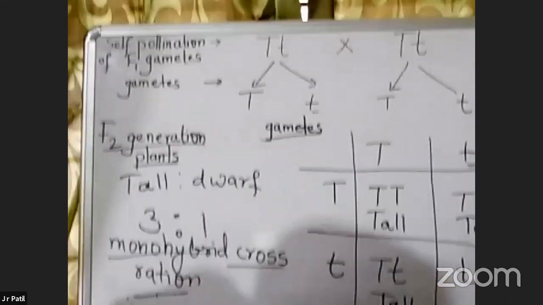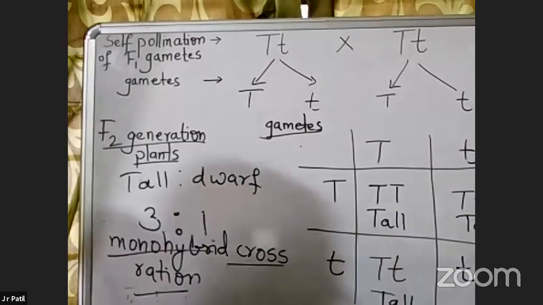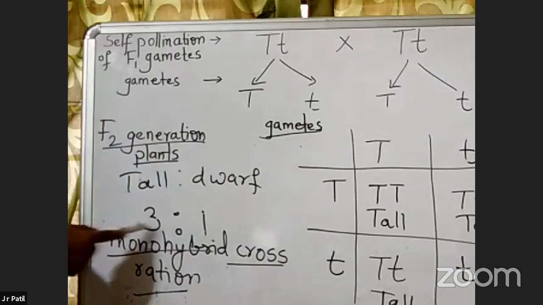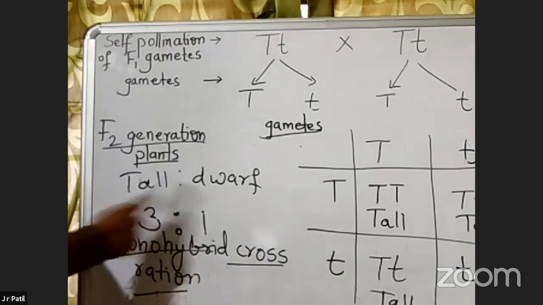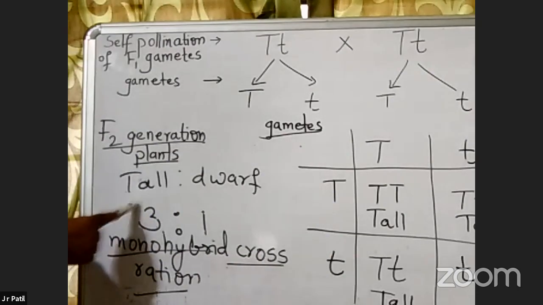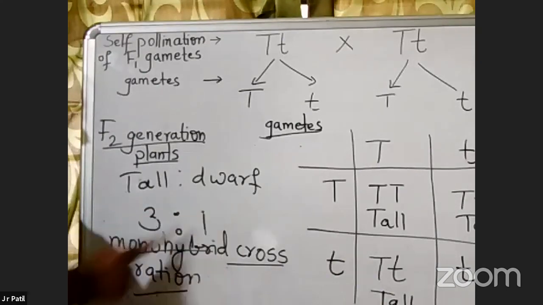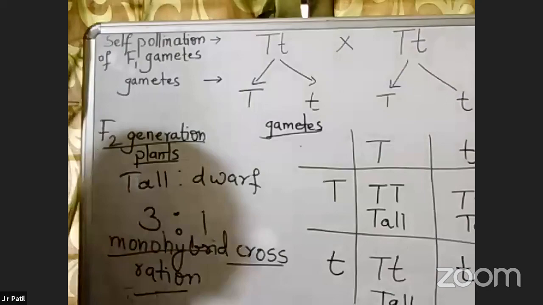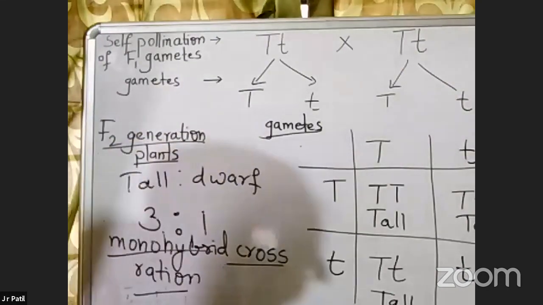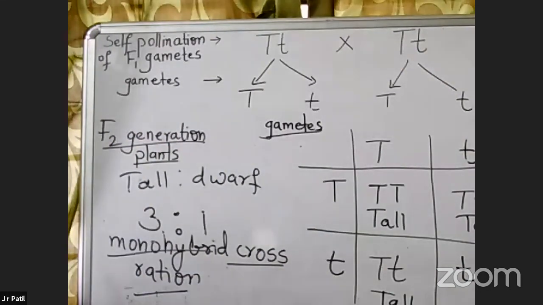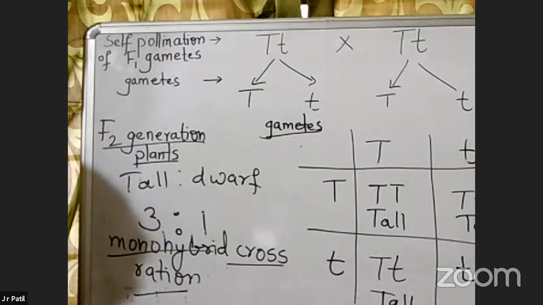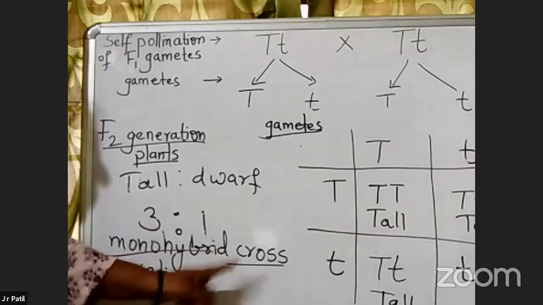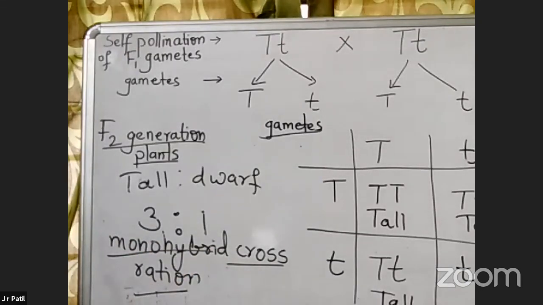So if there is one dwarf plant, there are 3 tall; if 2, here it is 6; if 3, here it is 9. That ratio is called the monohybrid cross ratio. Correct?